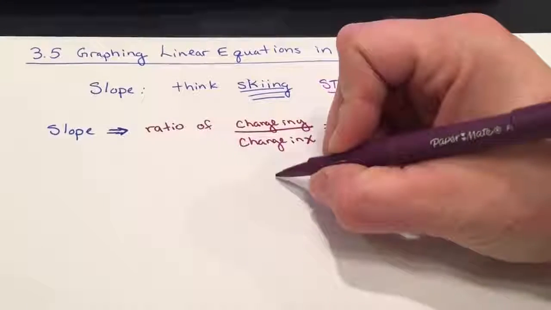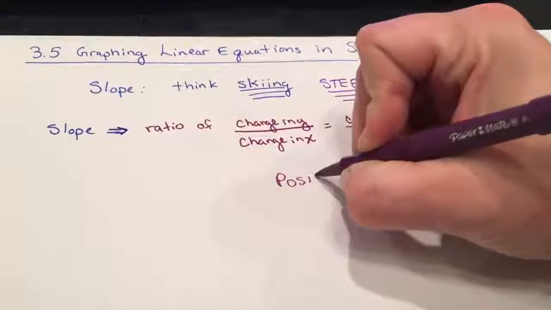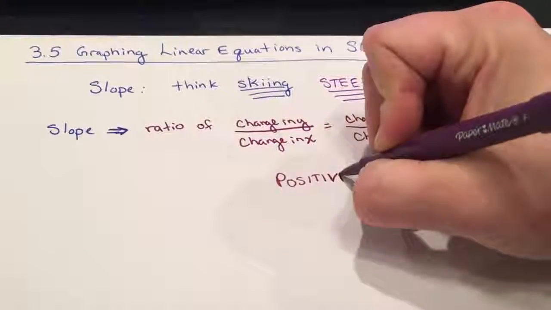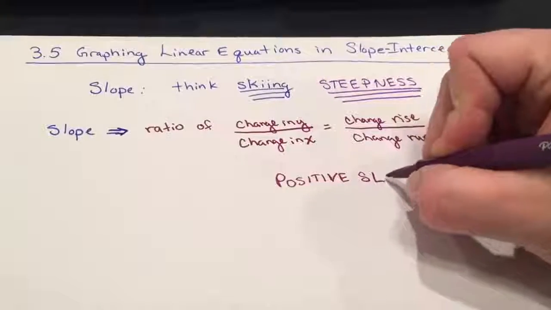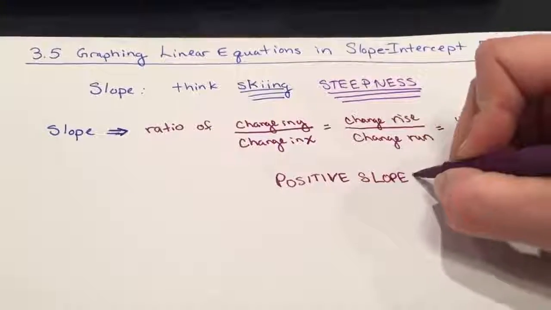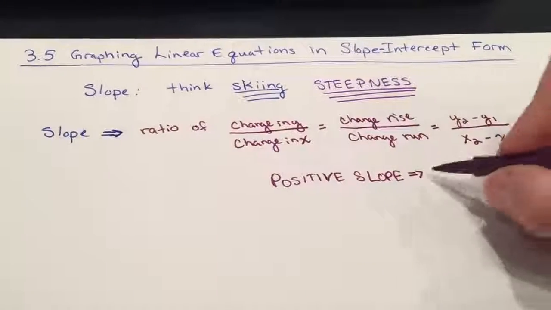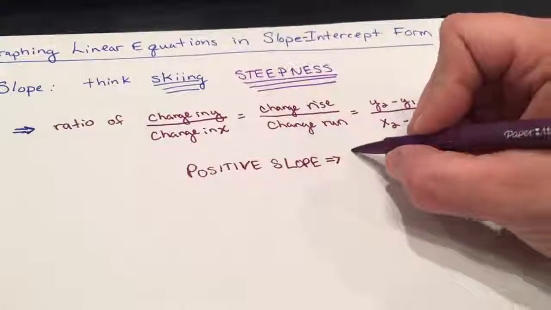Now, if you have a positive slope, that means the line increases from left to right.